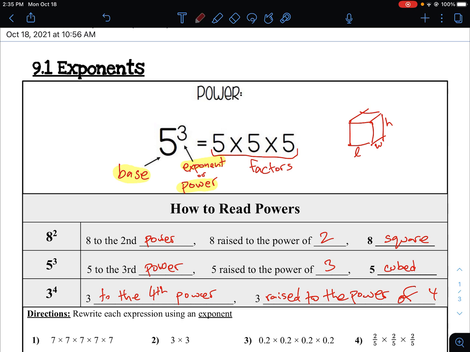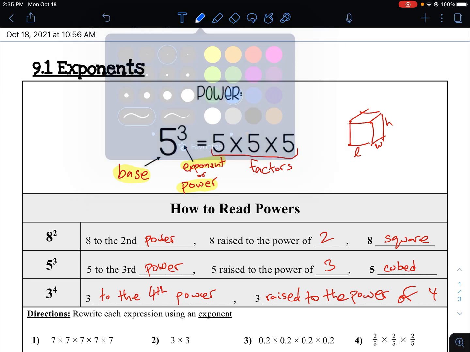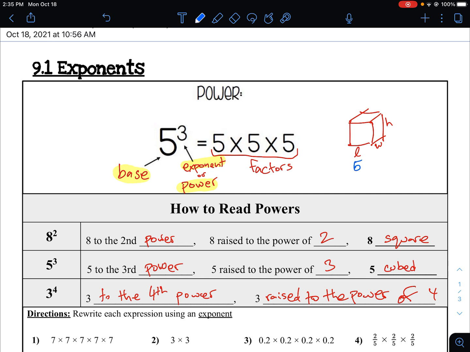So let's say the length is 5. What would the width of this cube be? Well, it would also be 5, and the height would be 5. Why? Well, the definition of a cube is that all the sides are the same. So how do I find the volume of the cube? You multiply 5 times 5 times 5.